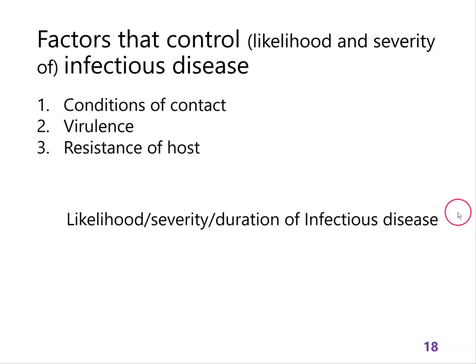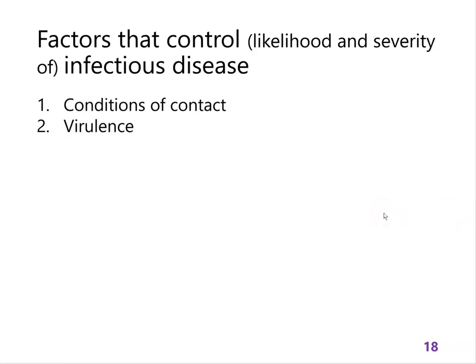And so this is split into really three different major areas. Virulence is one: how likely is the pathogen to cause disease? How good is it at evading the immune system? That's virulence. Conditions of contact have to do with what part of the body it touches, for how long, in what form.